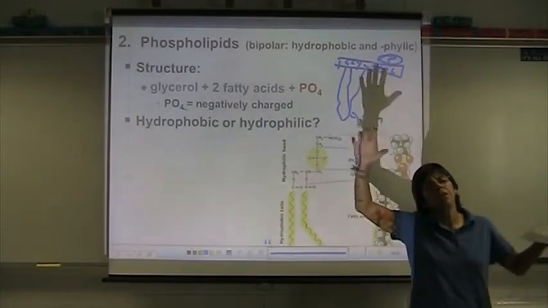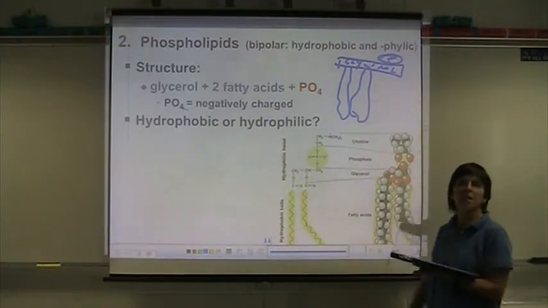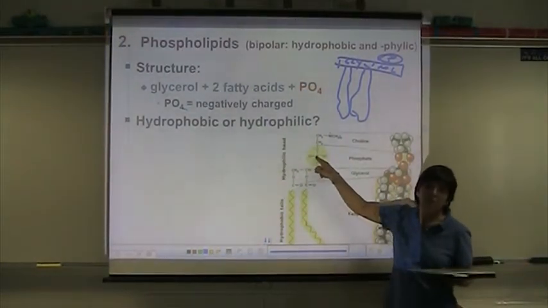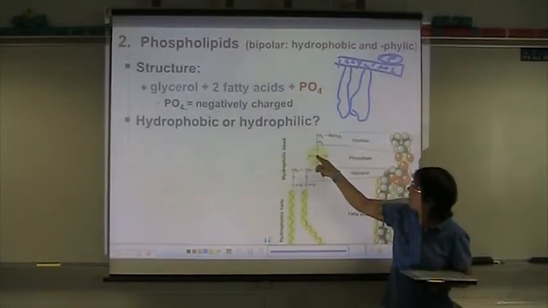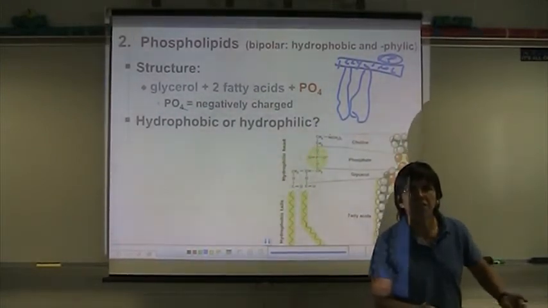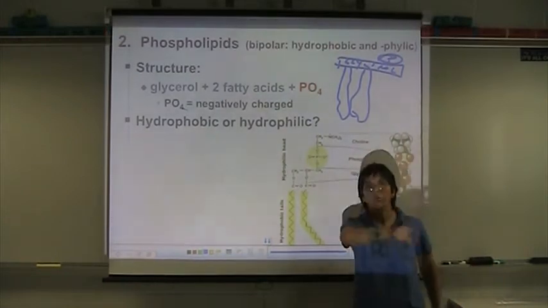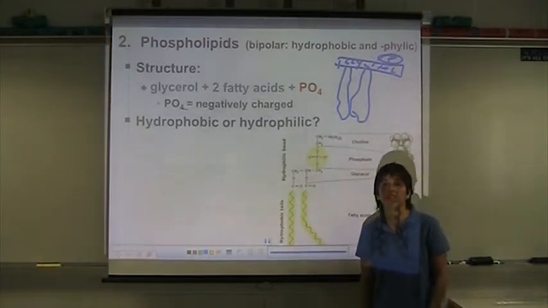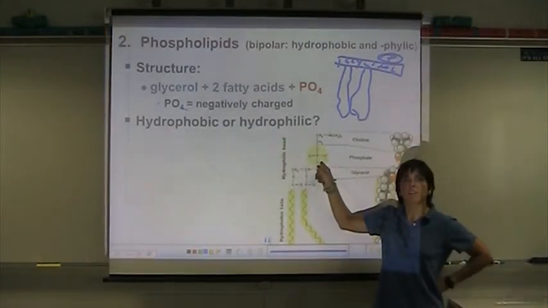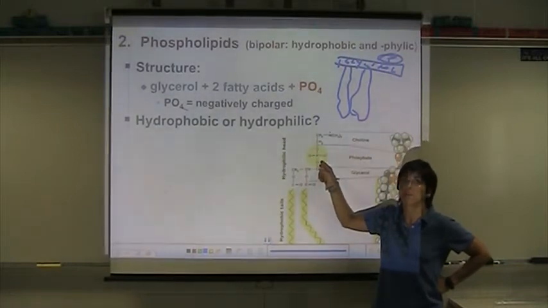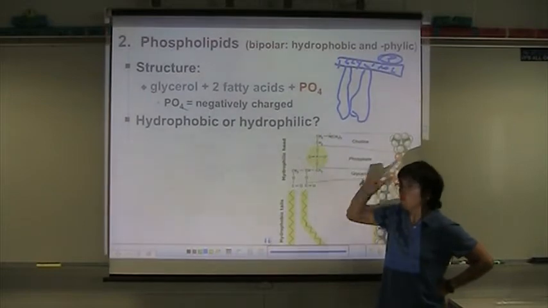And now phosphorus again. Let me introduce you to another big player in biology. Phosphorus is a phosphate, P, phosphorus, and surrounding it you have 4 oxygen molecules. And what do we know about oxygen? Electronegative, electron sucker. Can you tell me what the charge of this molecule is going to be? It's sucking electrons from everywhere. It's negatively charged. Ooh, so check it out.